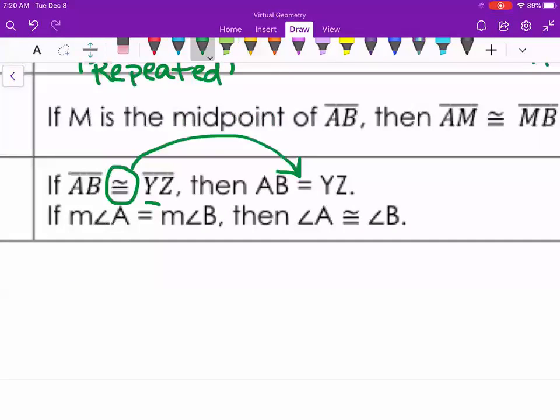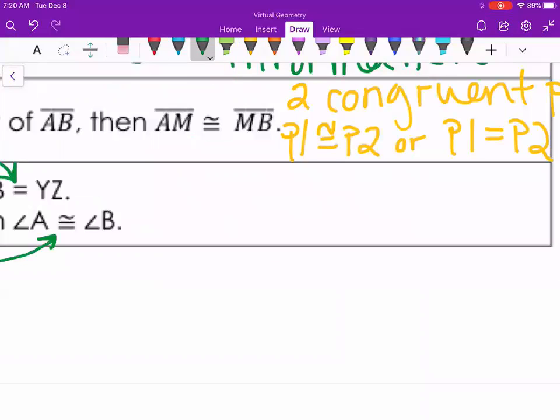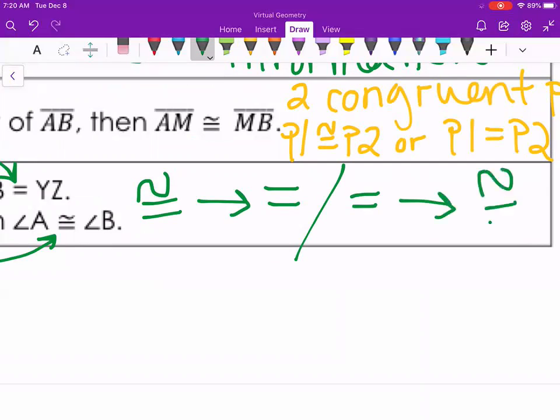Or we can start off with equal and then use that to find the two congruent pieces. So definition of congruence lets you say that things are congruent and then you replace that with equal. Or you start with equal and change it to they must be congruent.